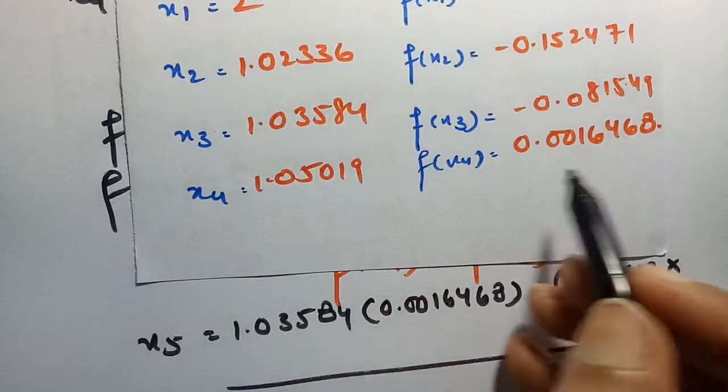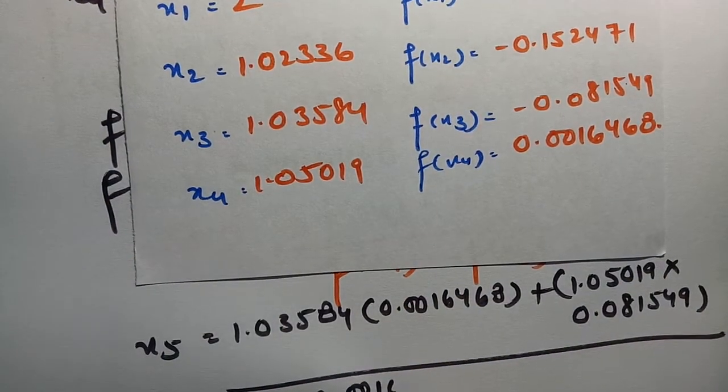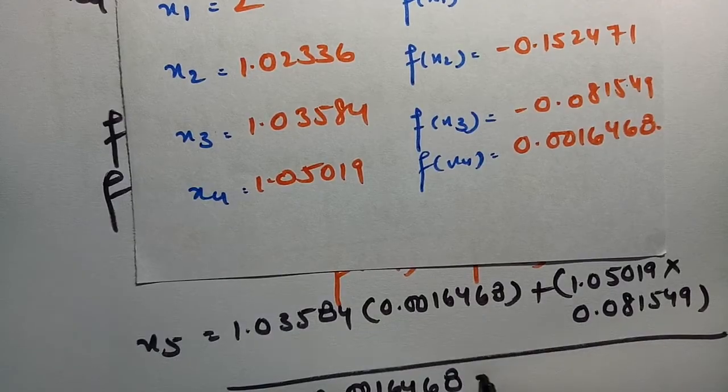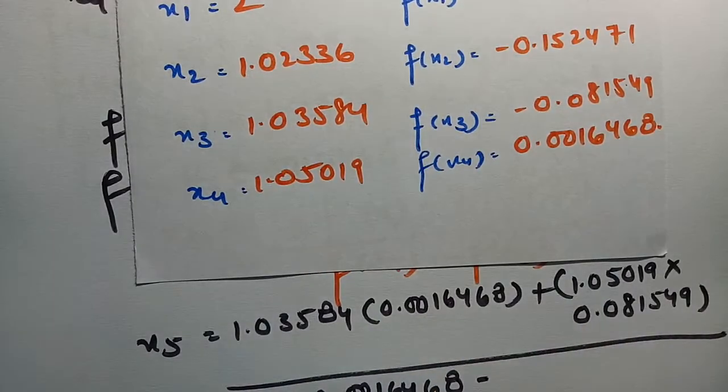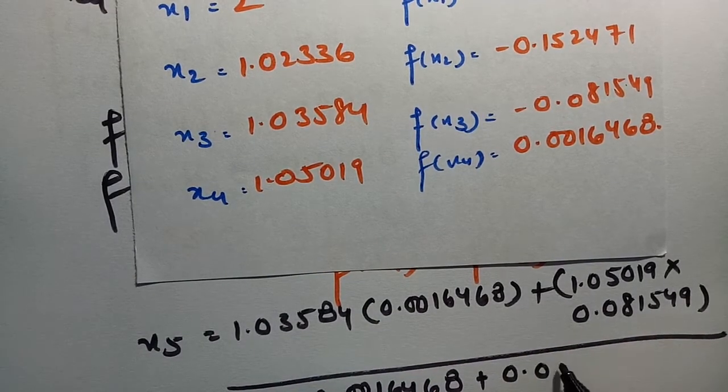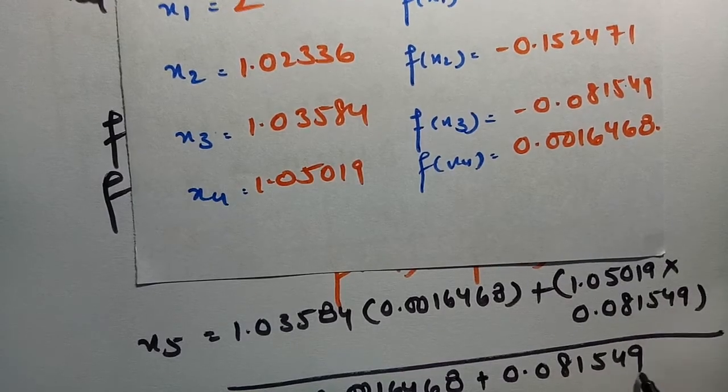So what is our x4 value? That is 0.0016468 minus f of x3. So this is minus of minus, 0.081549.